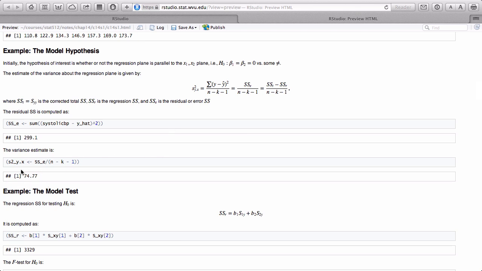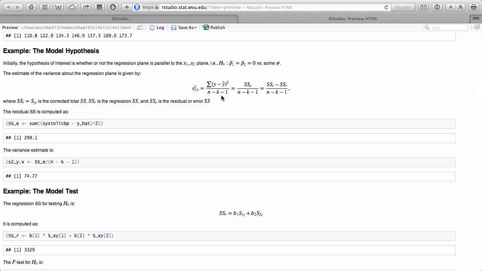And this is where I compute the variance estimate, which is the sum of squares of the y's from the y hats divided by the degrees of freedom. And you're fitting k plus 1 dimensions, k predictors plus the intercept, and then the degrees of freedom associated with the error is n minus k minus 1.